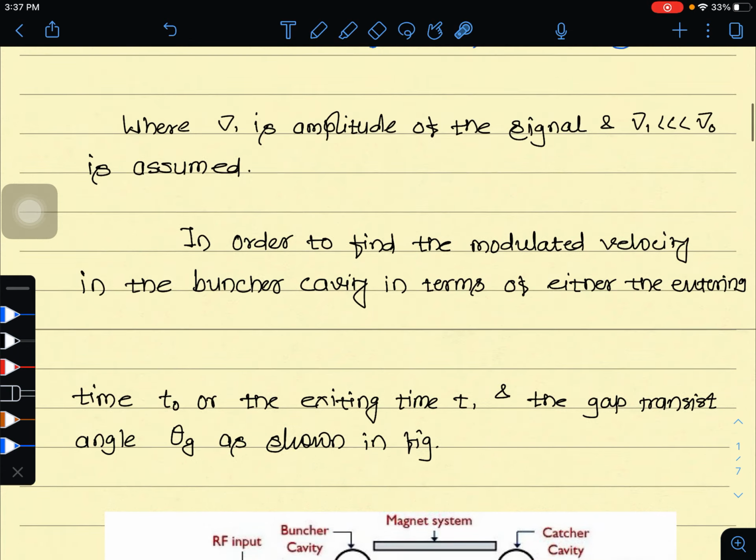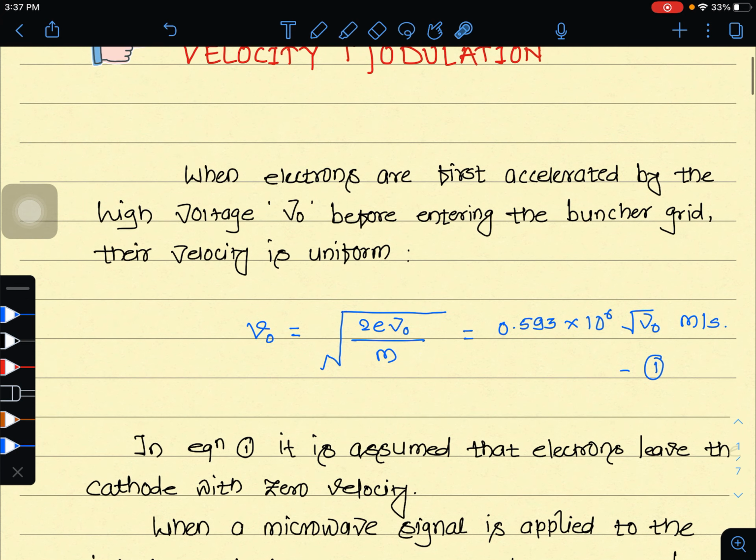This uniform velocity is shown by v0 equal to root of 2eV0 divided by m, and the value of root of 2e by m is 0.593 into 10 to the power 6, and the remaining is root V0.